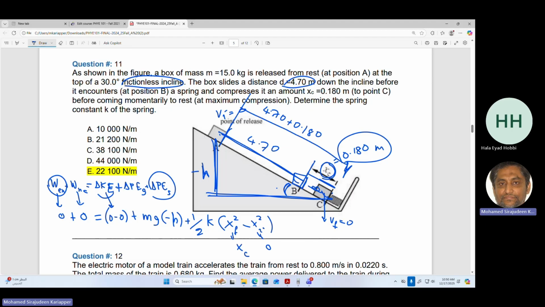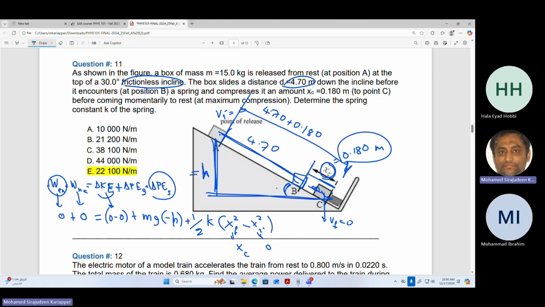So h, if this has a symbol d, it will be d plus x sine theta. Okay, the magnitude, d plus x sine theta.